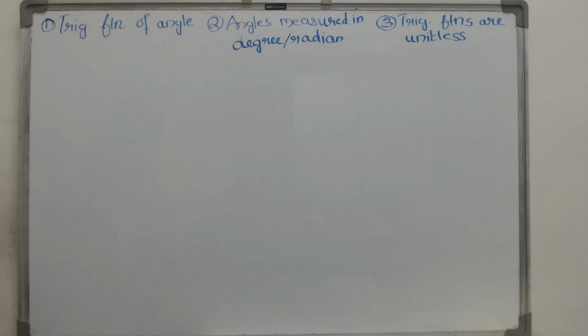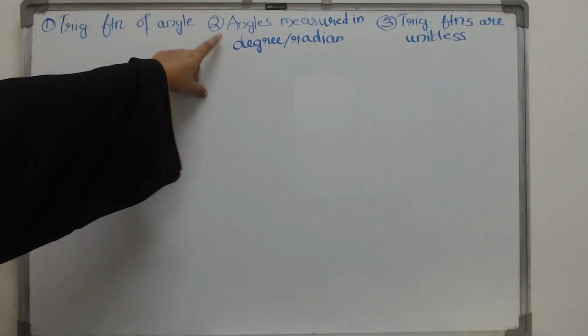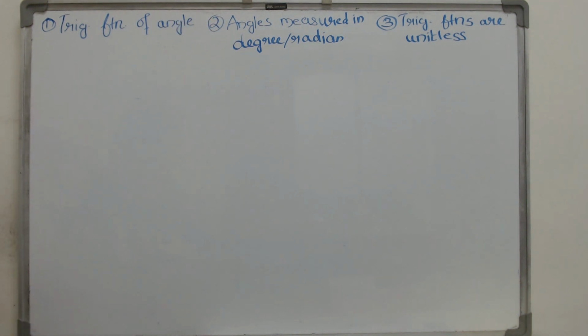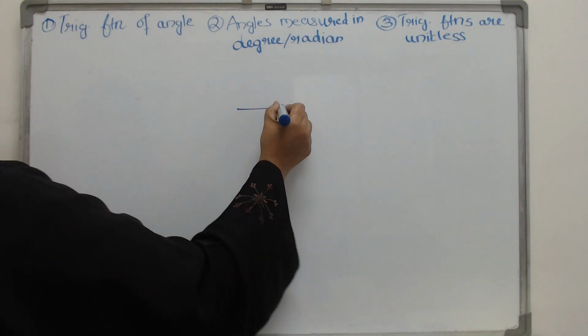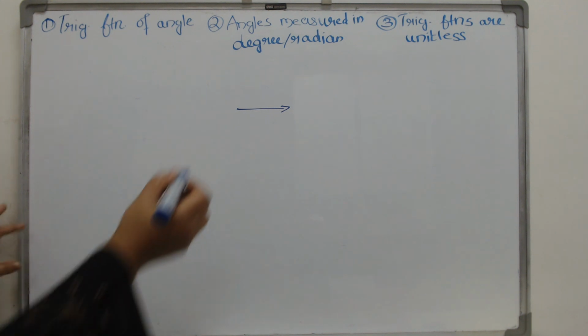Now the second thing that we learned today is two different units for measuring your angles. Now you are familiar with one of them. You have been using degrees to measure angles all your life, right? Today you are going to learn one more unit. Now tell me, how many degrees do I need to complete a revolution?